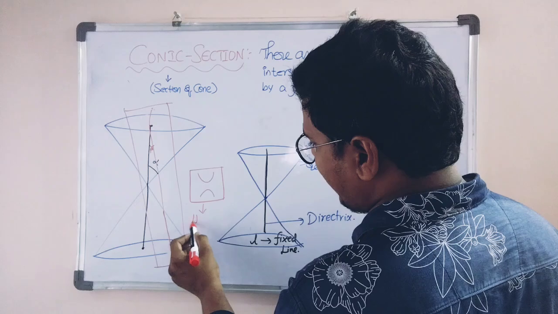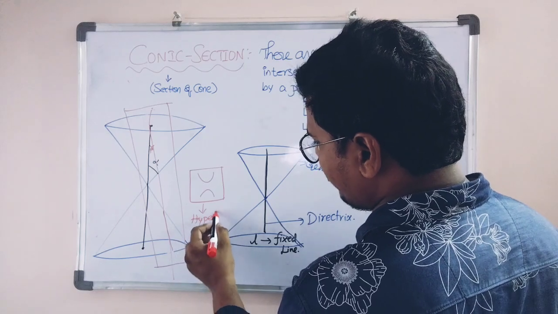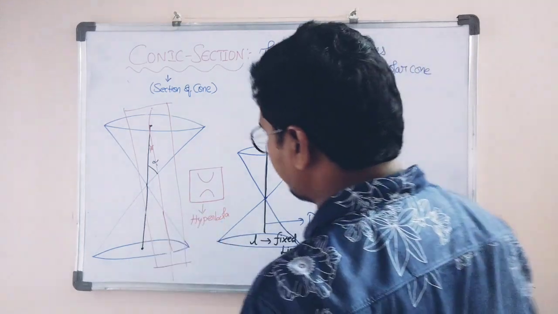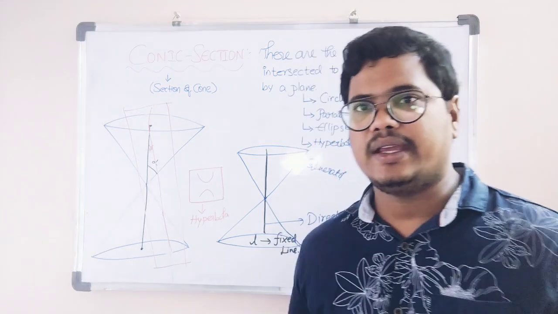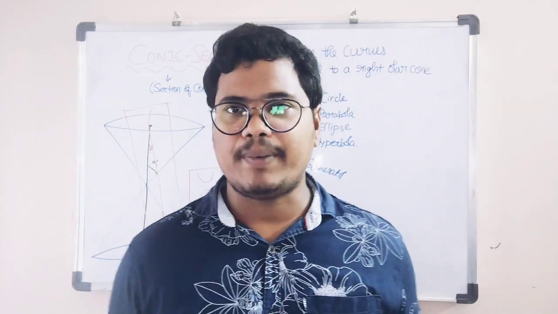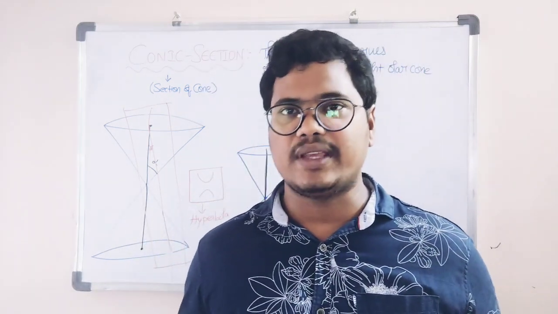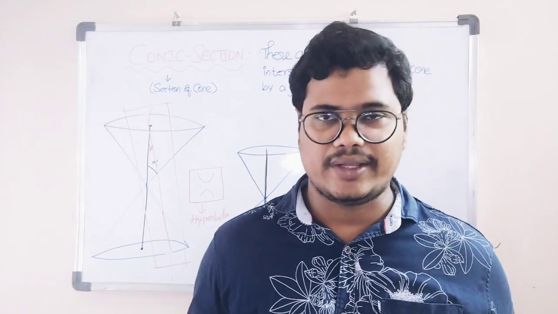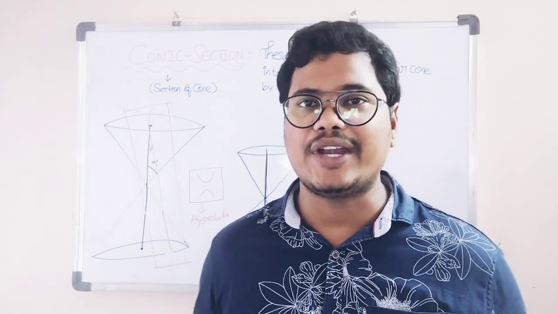We call it a hyperbola. What do we call this one? Hyperbola. The sections we obtain by cutting the cone with a plane are considered degenerate conics. What do we call them? Degenerate conics.